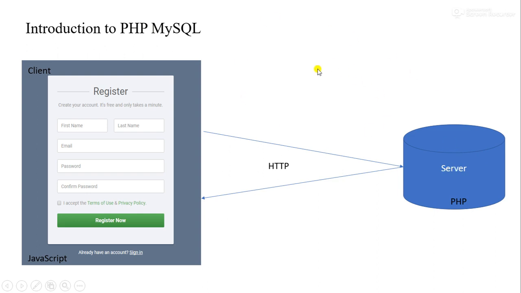So this is the brief introduction of PHP and MySQL, and one thing we need to remember: this communication between client and server usually takes place using the HTTP protocol. I am not going to explain in detail how this protocol works, but in simple words, using two methods, get and post, this form data can be transferred to the server, or any web page can be retrieved from the server using an HTTP request.